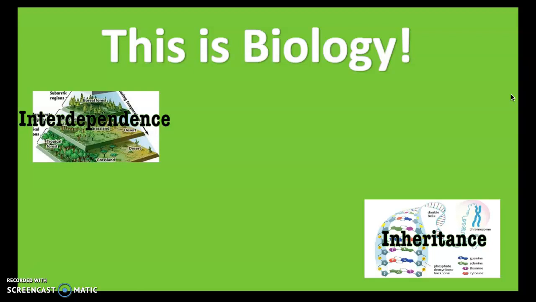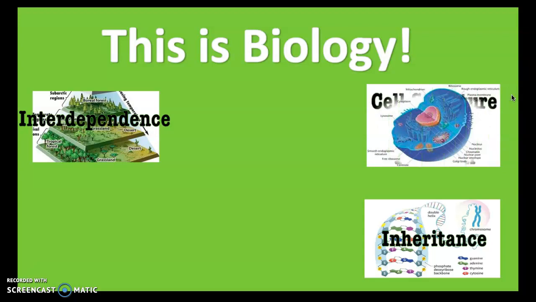As we get into inheritance, we'll talk a lot more about DNA, but we'll also be talking about a guy by the name of Gregor Mendel and his principles behind inheritance, and we'll get into chromosomes and genes and start talking about dominant and recessive genes and the different ways those genes can get passed on.